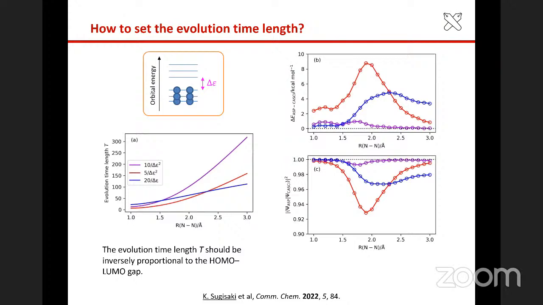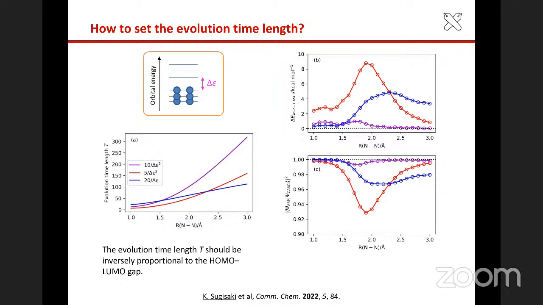How do we set the evolution time before performing any Hartree-Fock calculation? What we can obtain from the Hartree-Fock wave function is just the orbital energy. We can use it to estimate the excitation energy, the orbital energy gap.